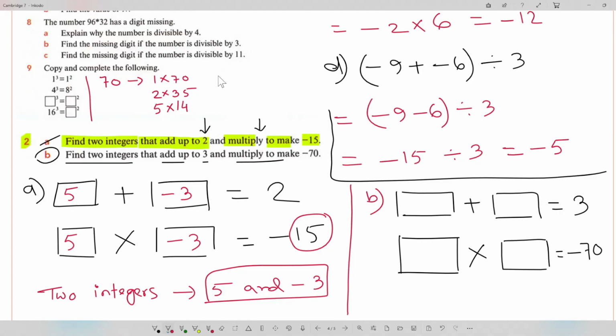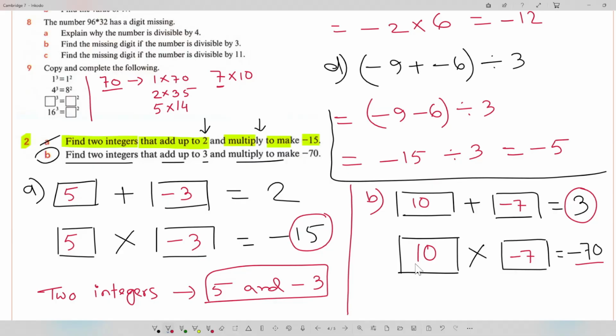Let's say the next one, it's very interesting, like 7 times 10 is 70, and look, 10 and here is 7. If we write minus 7, so 10 plus minus 7, we will get 3. Similar thing, 10 times minus 7 will be minus 70.